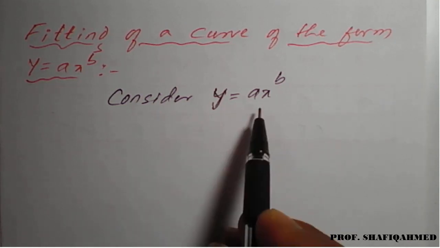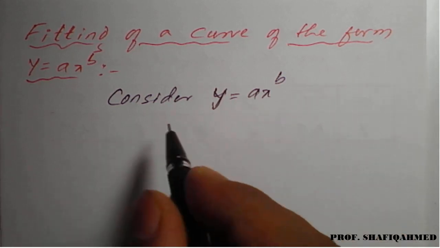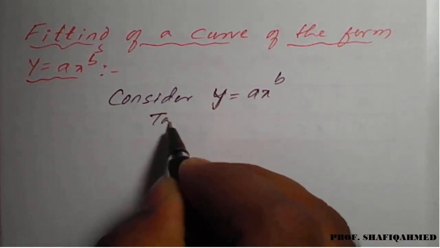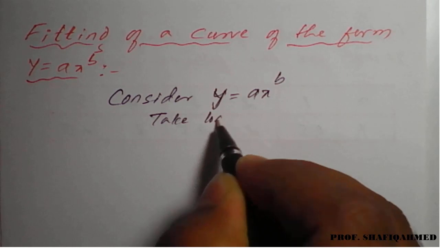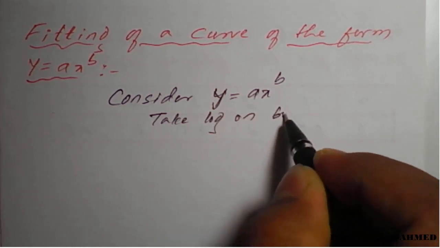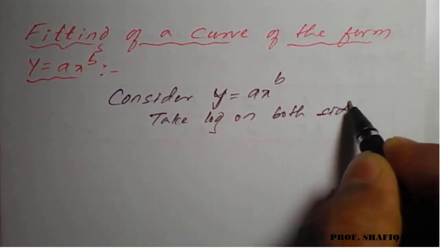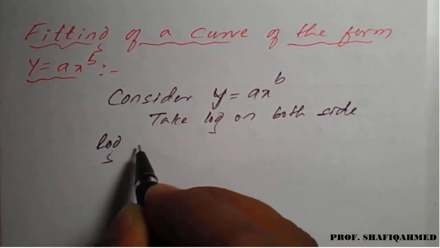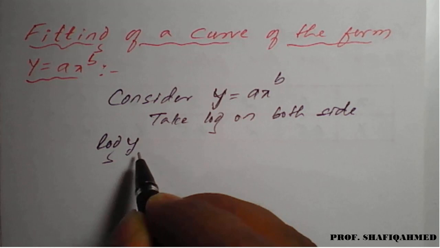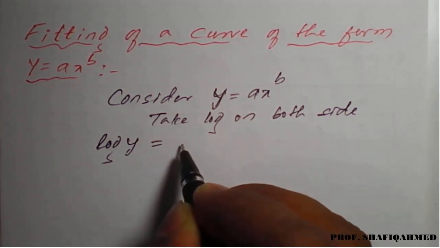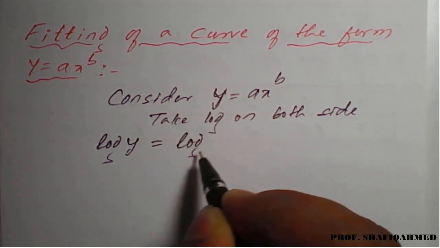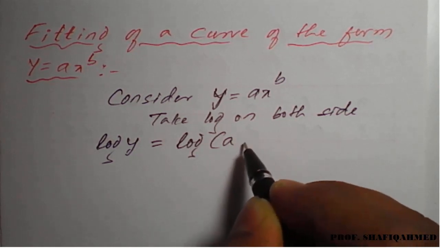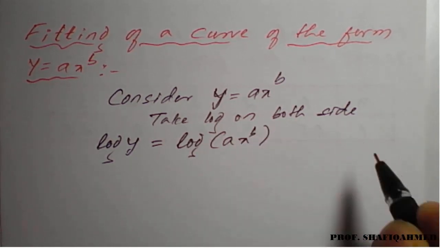For this we have to go immediately for taking log on both sides. So if you take log on both sides, it will become log of y is equal to log of a x raised to b.